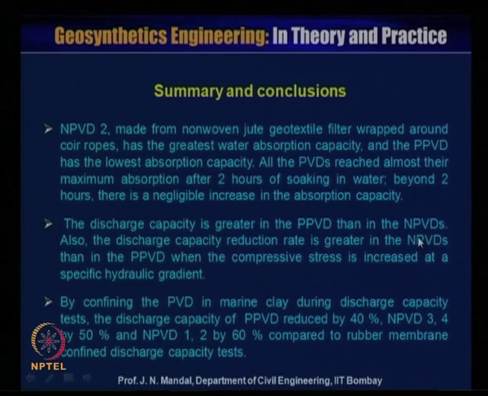So we come to some summary and conclusions. Natural prefabricated vertical drain 2, made from non-woven jute geotextile filter wrapped around coir rope, has the greatest water absorption capacity, and the polyester prefabricated vertical drain has the lowest absorption capacity. You have observed that from the curve. All the prefabricated vertical drains reached almost their maximum absorption after 2 hours of soaking in water.